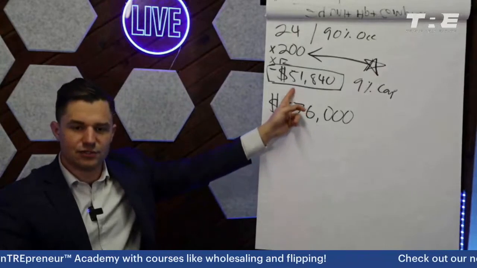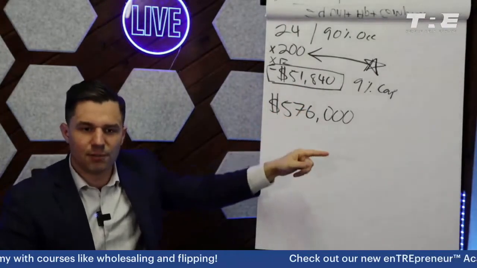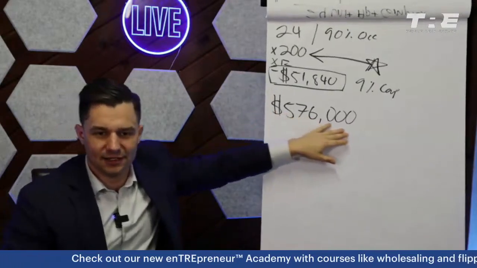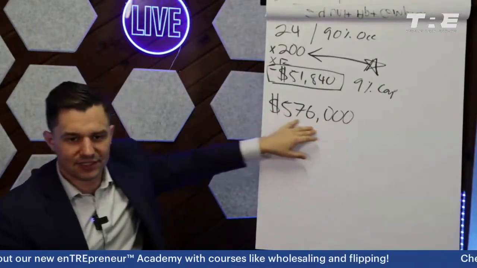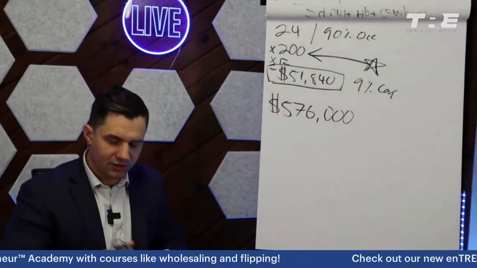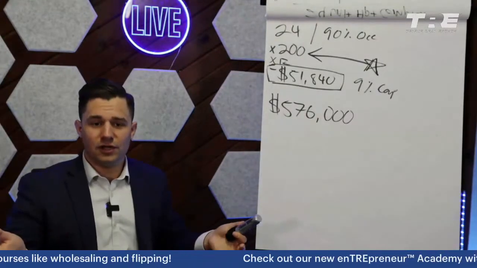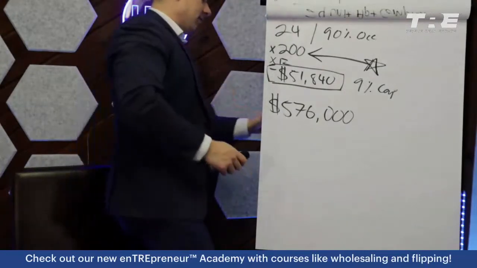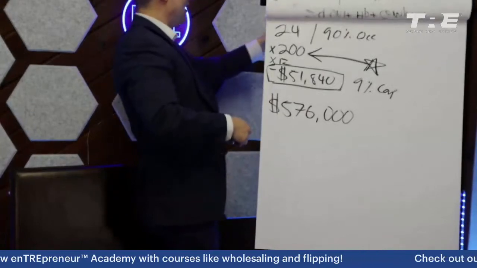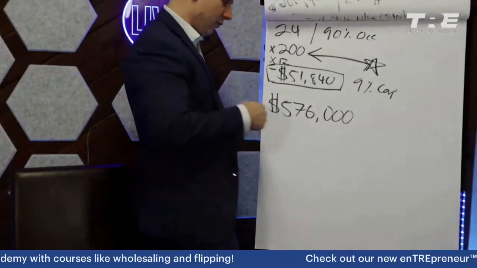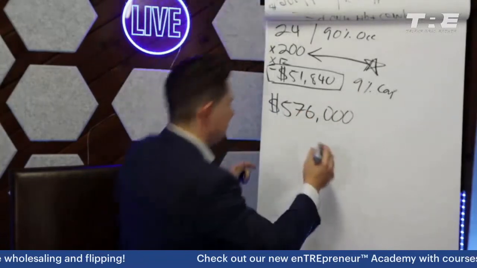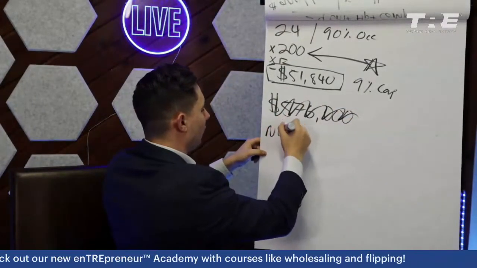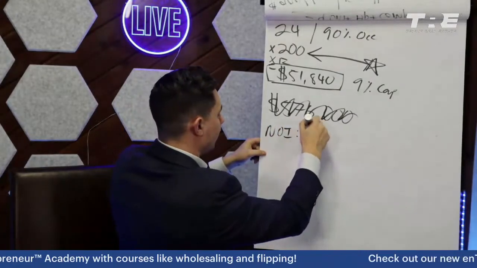We bring in an extra 52 grand a year, and if we sold this property that same year after bringing in this extra income, we would have created an extra $576,000 worth of value. Do y'all follow how I came up with that? Yay or nay? Because remember, our NOI was 147.